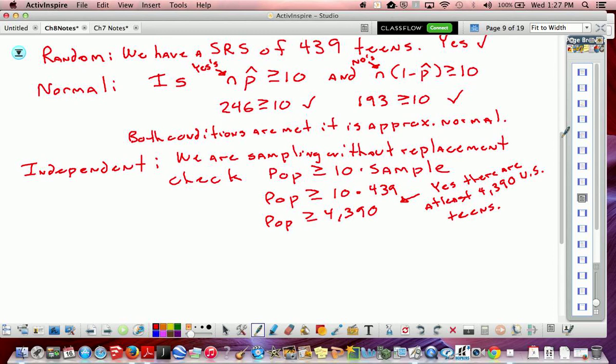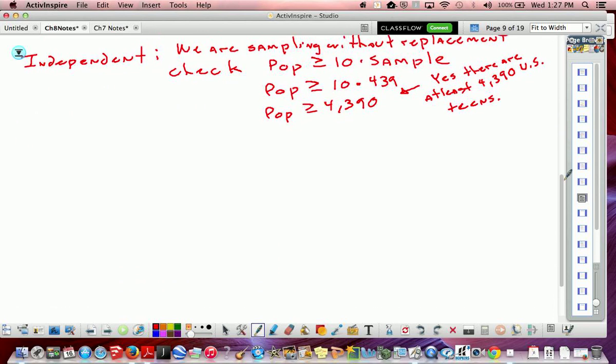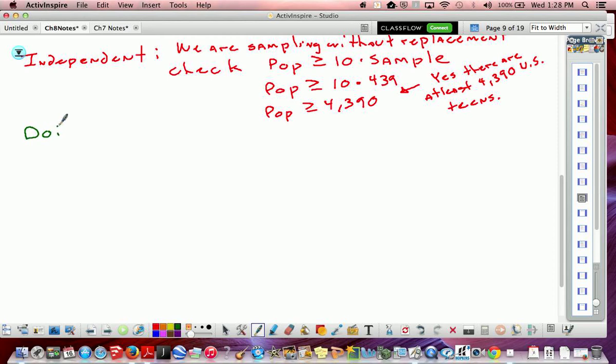So are all our conditions met? Yeah, so now we get to do the Do. Step 2 by far is the longest. Step 3, Do. So I want to calculate out my confidence interval. So here's the formula I'm using.